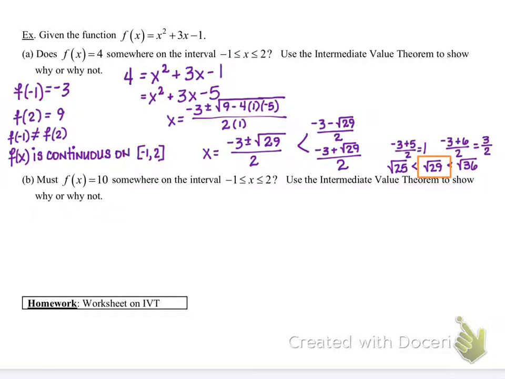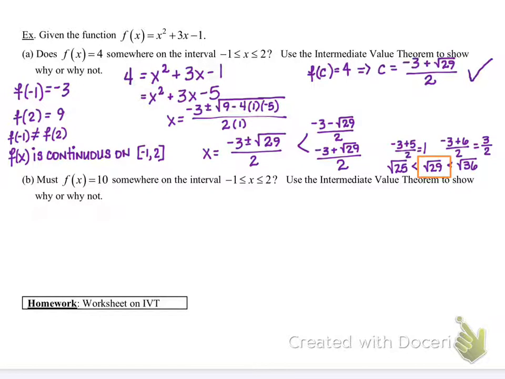Now the other one, the -3 minus the square root of 29, is definitely outside of that interval. If you want to verify that with a decimal, you are more than welcome to do that. But these estimation skills are really going to come in handy as you go through this course. They save a lot of time.